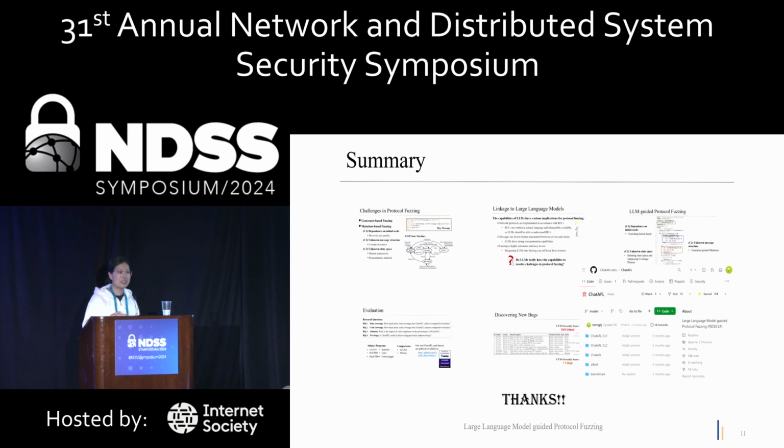So what we do is, before the fuzzing loop, we try to get the whole message structures and try to enrich the initial seeds. So during the mutations, we don't need to chat with the large language model again to get the message structures. We just get the message structures once, and then we can use them for the whole fuzzing loop.